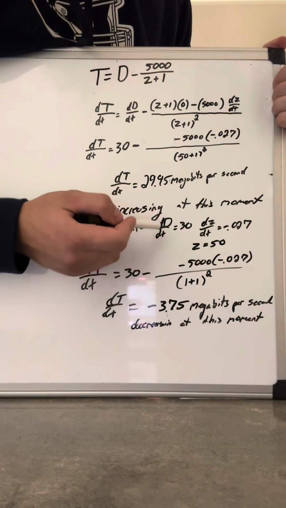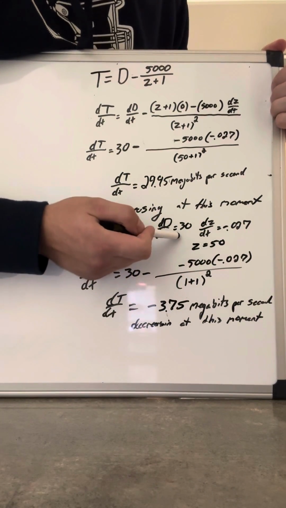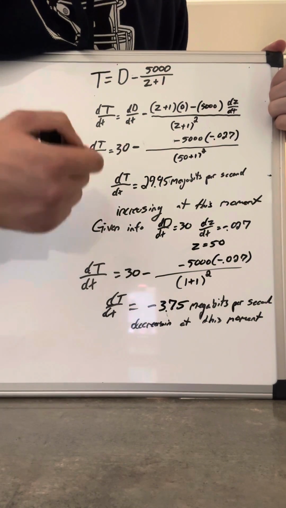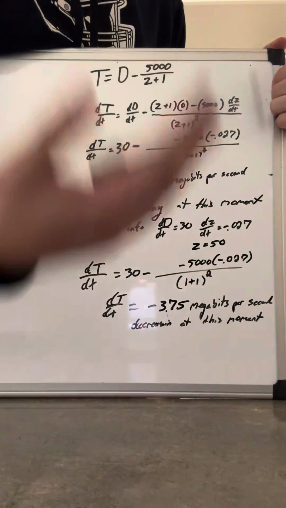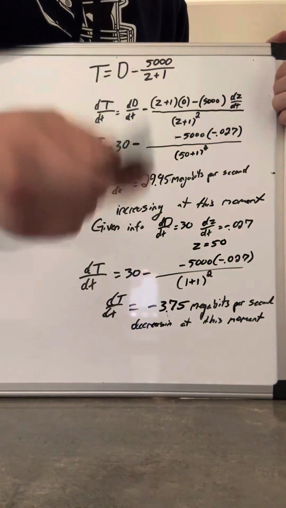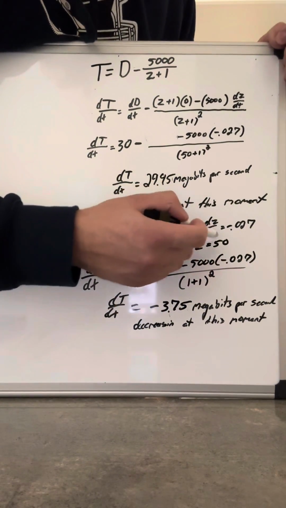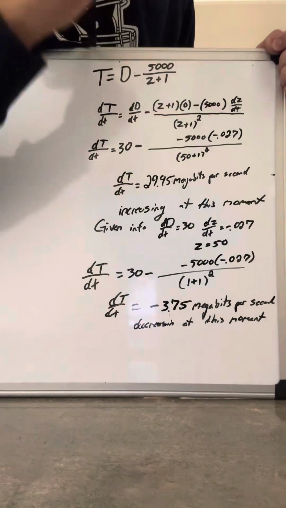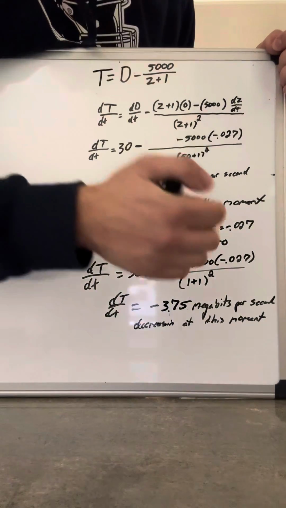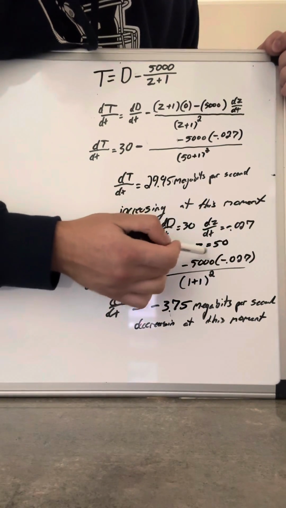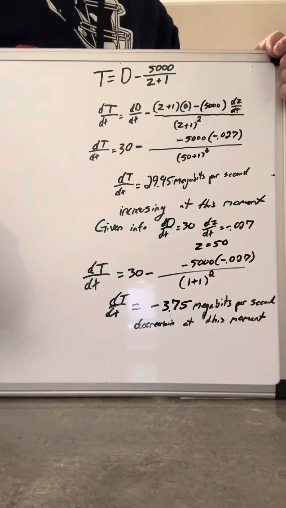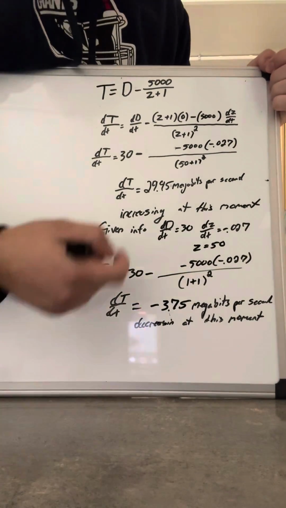We have dD over dt, which is 30. That's how much Bart is taking out per second. And then we have dz over dt, which is this. And then we have z, which equals 50. And we know it equals 50 because he's 50 miles away from Ziggy.